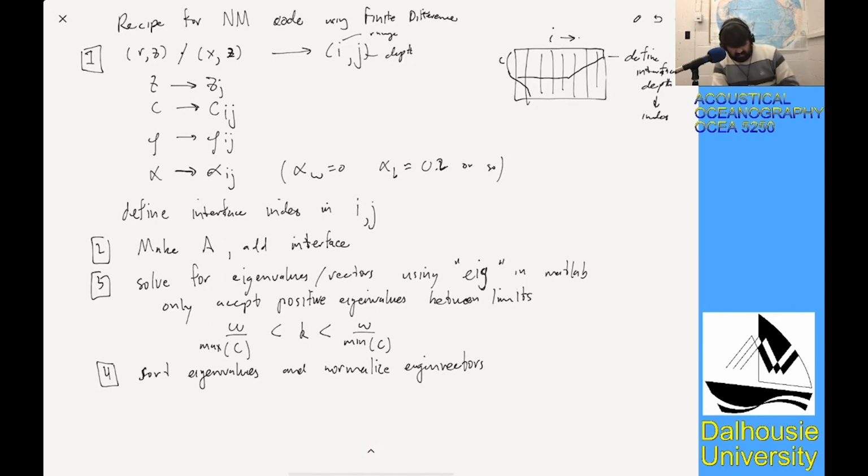And then you can take the first m modes from that list. Take the first m eigenvalues that correspond to those first m modes and output as kr squared.